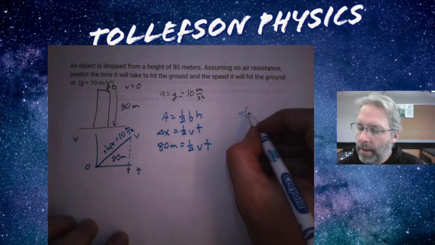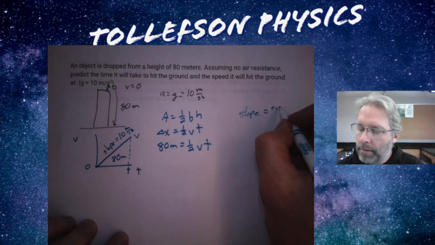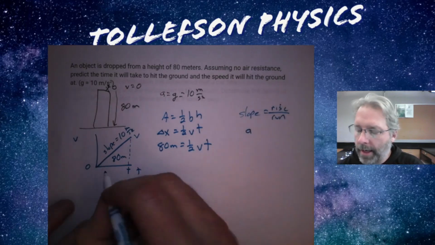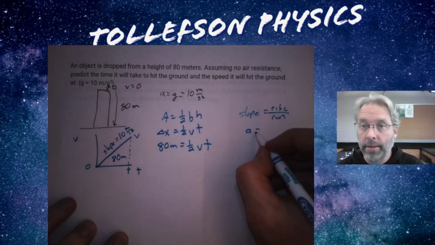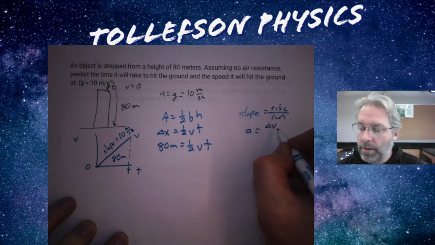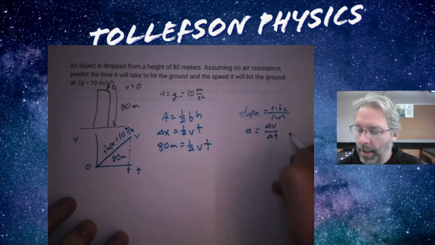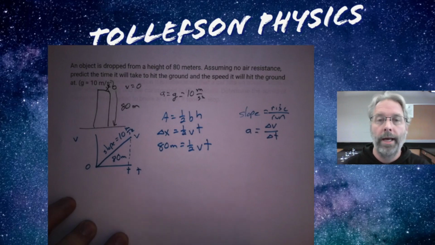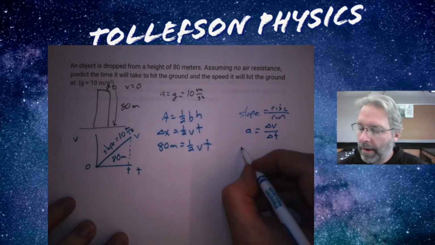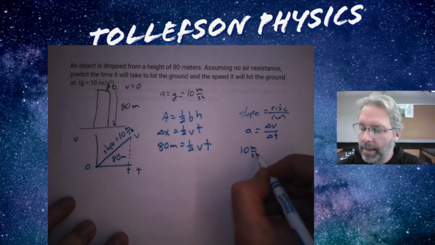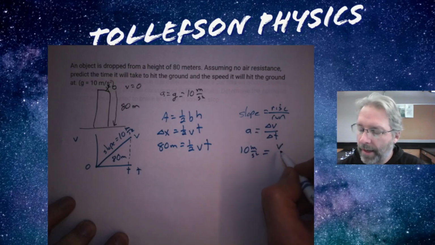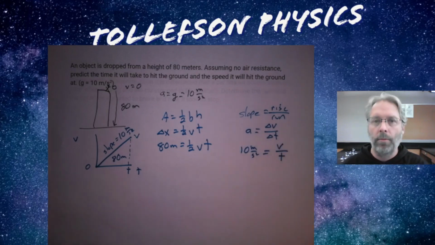So then let's think about our slope, rise over run, which when we look at a velocity time graph, the slope is called acceleration. The rise is the change in velocity, and the run is the change in time. I know what a is. A, due to gravity, is 10 meters per second squared. I'm going to simplify this to v divided by t once again because the velocity starts at 0 and the time starts at 0.